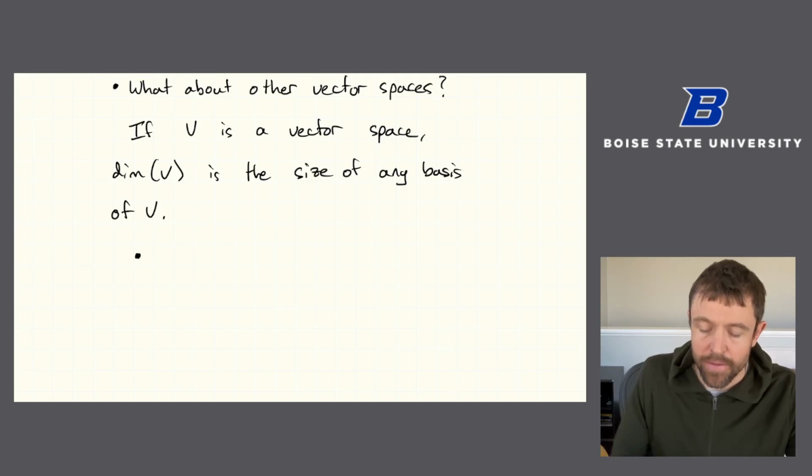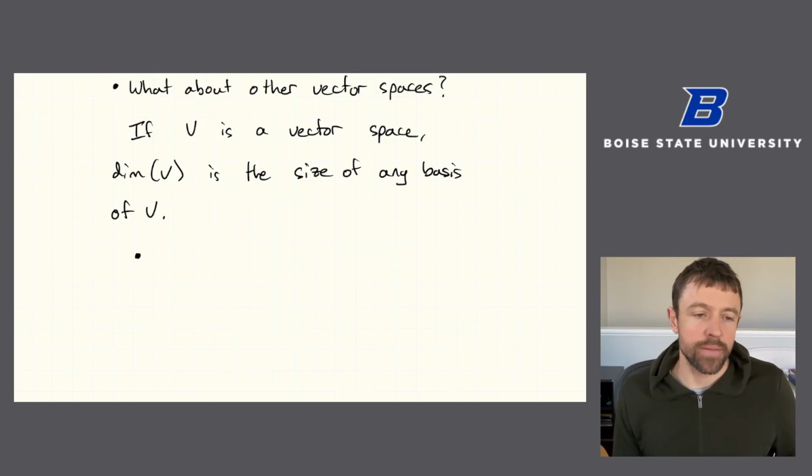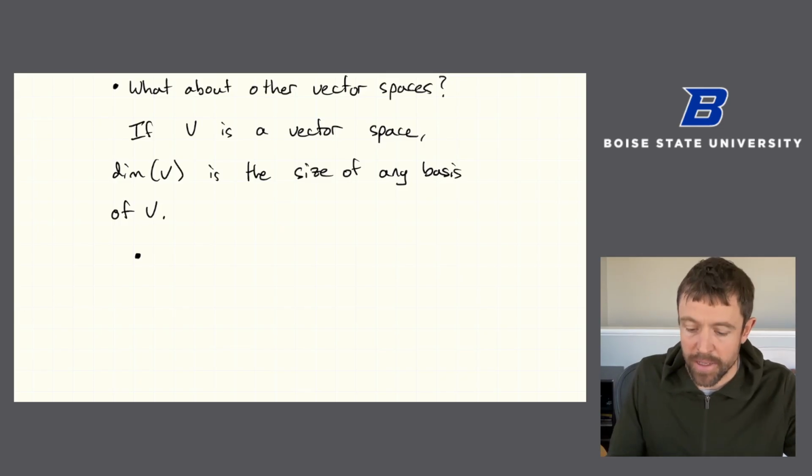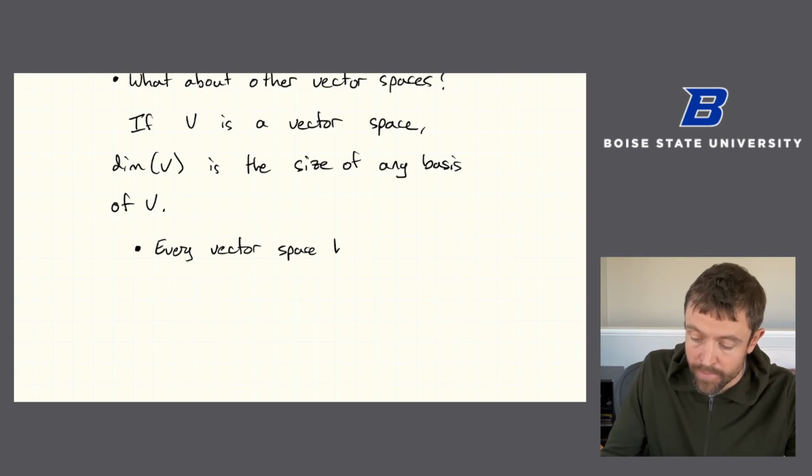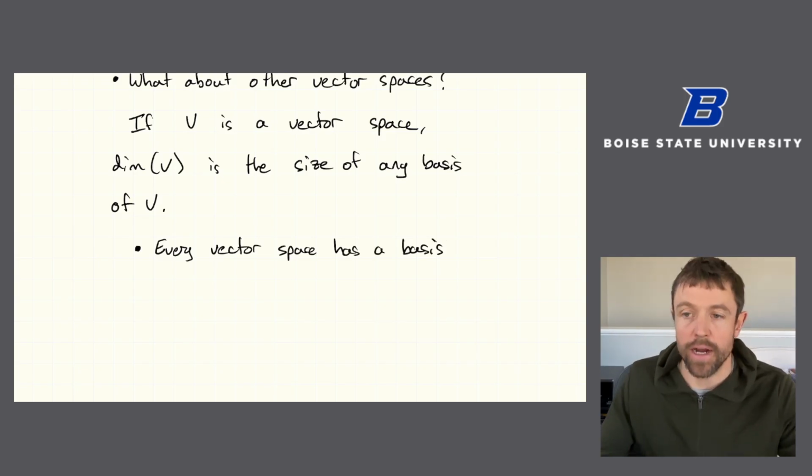That is, if I'm defining the dimension of a vector space to be the size of any basis of it, what if a vector space doesn't have a basis? And every vector space does have a basis. This is not at all obvious, but it's true. So every vector space has a basis. And to actually prove this requires significant work, not something we're going to do in this class.